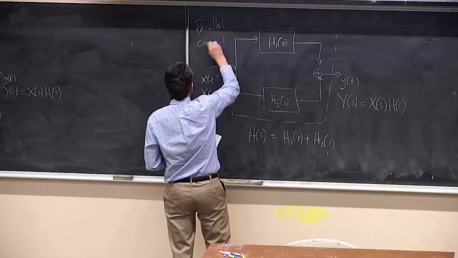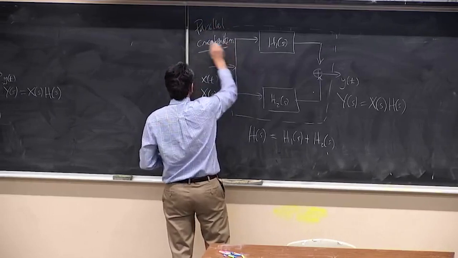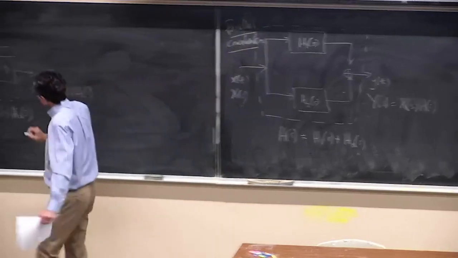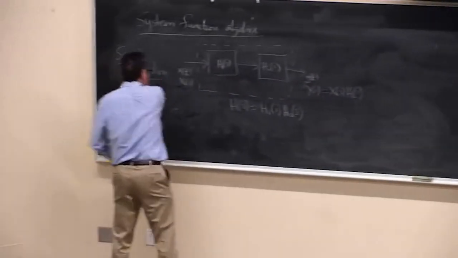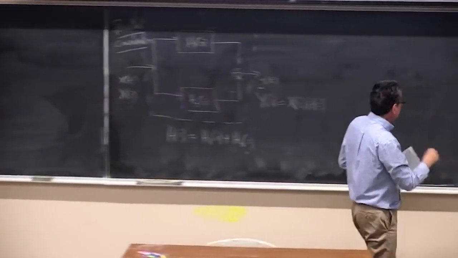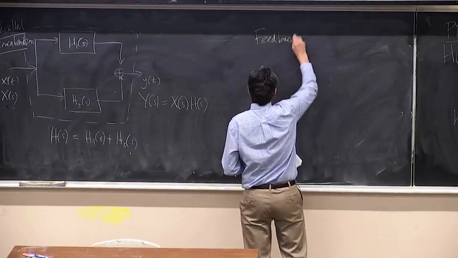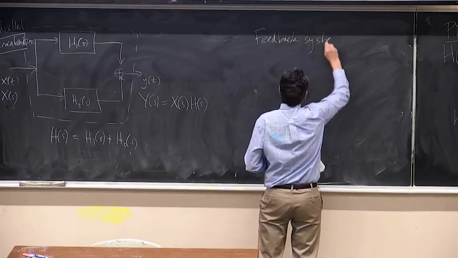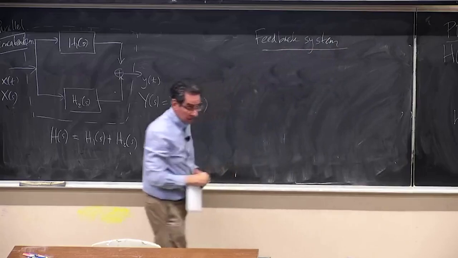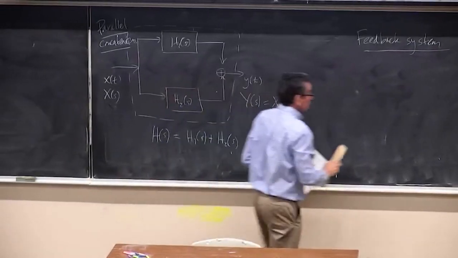And now we're in a position where we can take a look at a simple feedback loop. So let me do the schematic of the feedback system, and then we'll see what we can say about what the overall system function is for that.